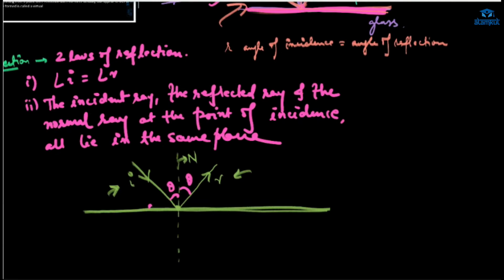You take the angle between the incident ray and the normal for the angle of incidence, and between the normal and the reflected ray for the angle of reflection. So the angle of incidence is always equal to the angle of reflection. This is our first law. And all lying at the same point and in the same plane is our second law of reflection.